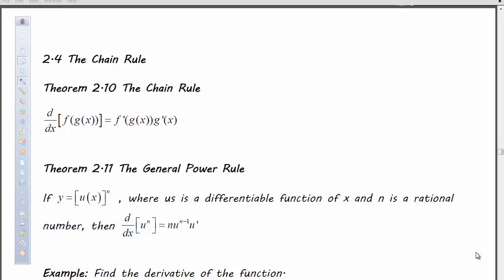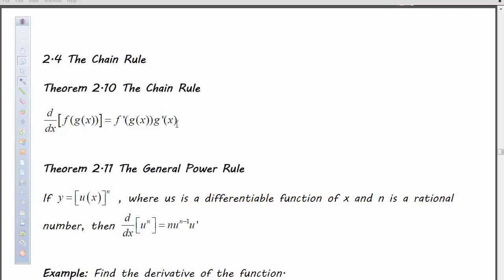So that's what this formula says. If I have f of g of x, and I want to take the derivative of that, I take the derivative of f, I leave g of x the same on the inside, then I multiply that by the derivative of g of x, or g prime of x.